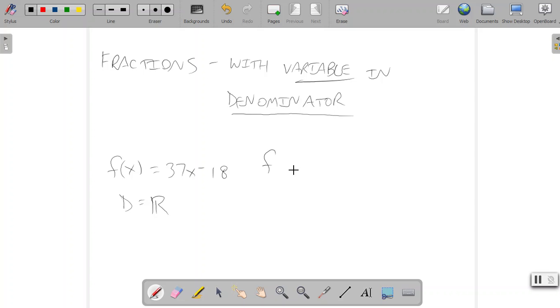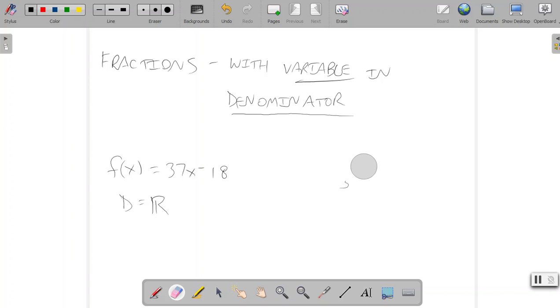If I had f of x equals x plus 2 over 3, you do have a fraction, but the denominator is a number, not a variable. So, once more, no worries, all real numbers.